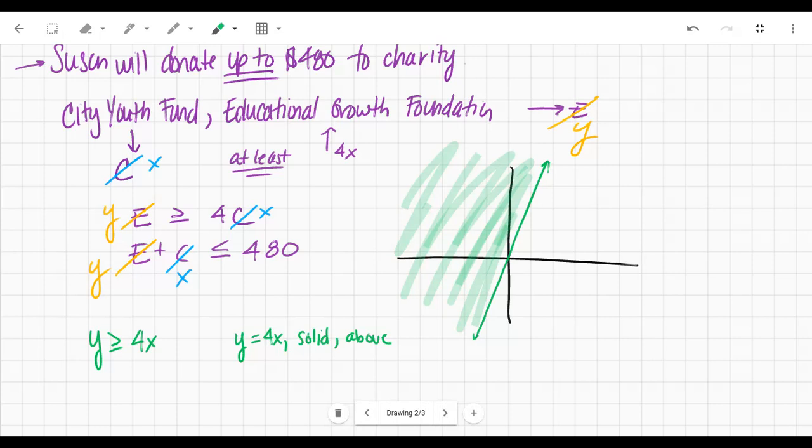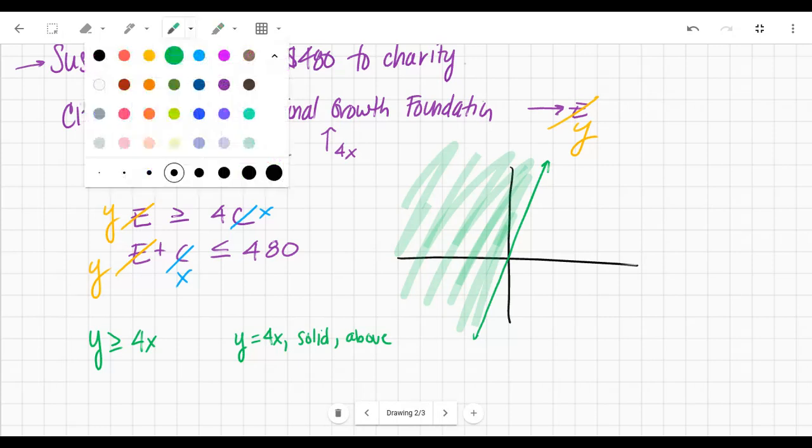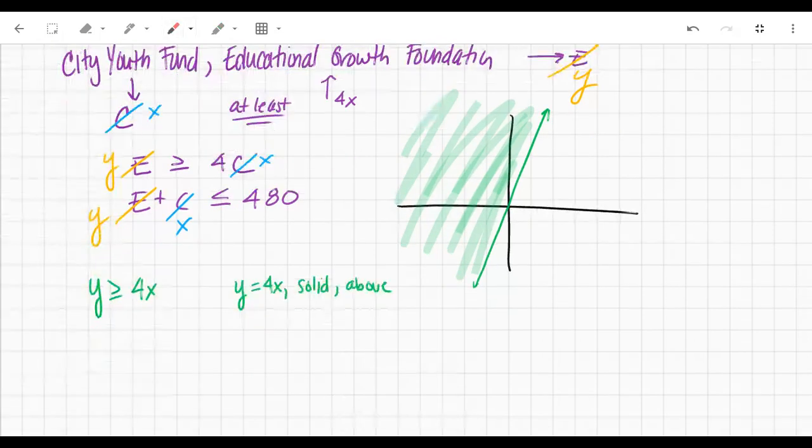Okay, and then for our second one, we would have Y plus X is less than or equal to 480. Okay, so for this one, we can graph when x is 0, y is 480. When y is 0, x is 480. Okay, we'll use a solid line.